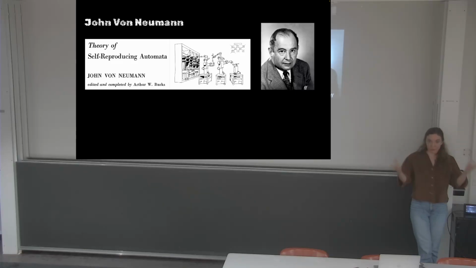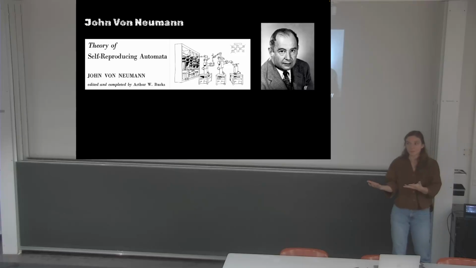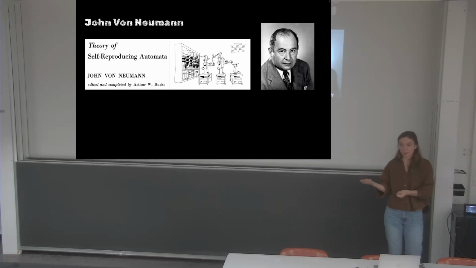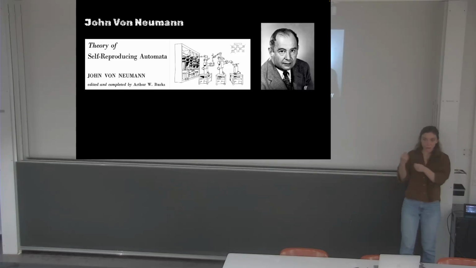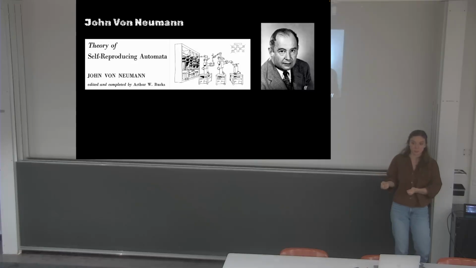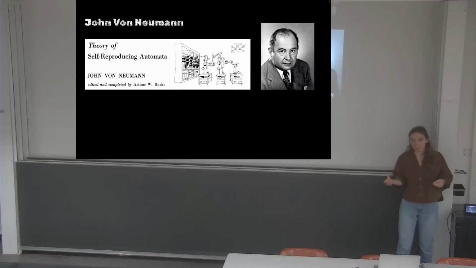If this was to reproduce as a whole, he would consider some abstract models of physics, which would consist of some elementary particles out of which both the machine and the tape can be built. So we can think of them as some embodied Turing machines.